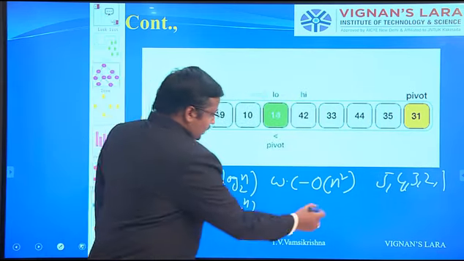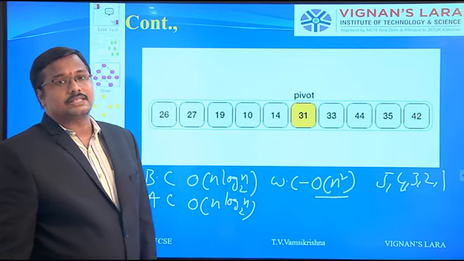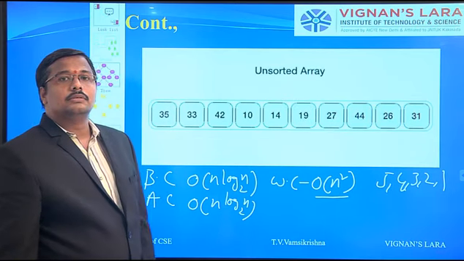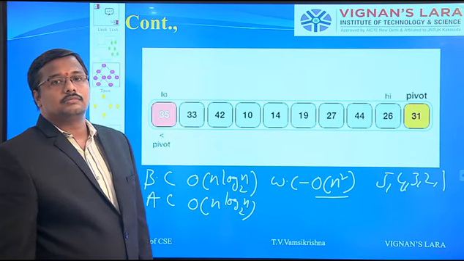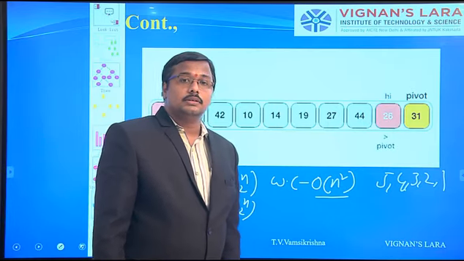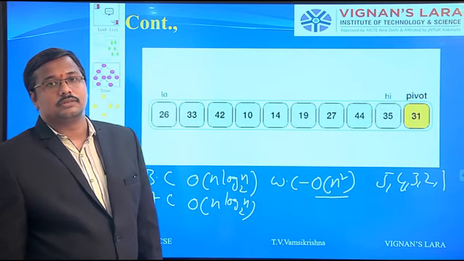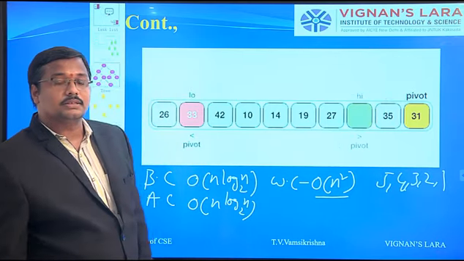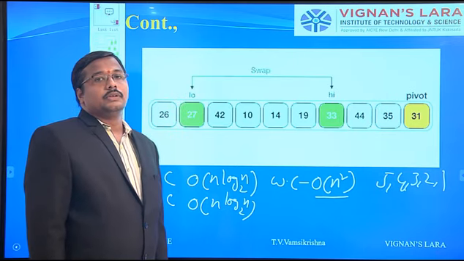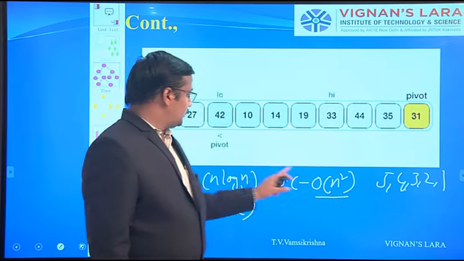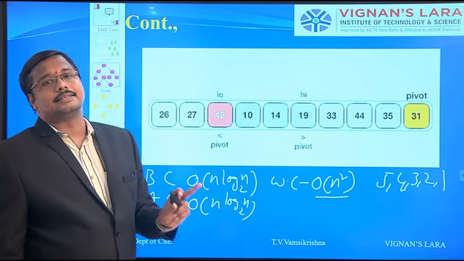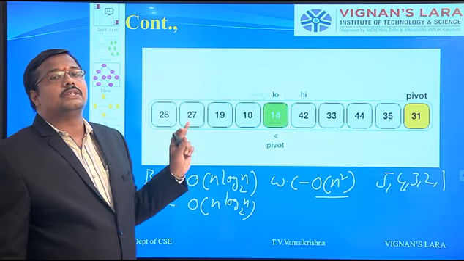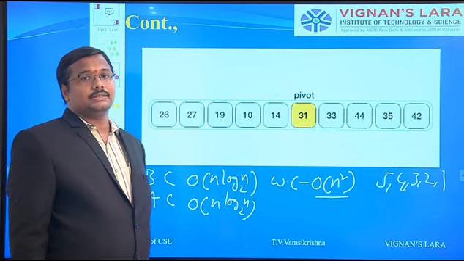That's why quicksort exhibits worst case behavior when the elements are in descending order, exactly reverse order. So the worst case time complexity is big O of n square, and the best case and average case are big O of n log n base 2. Comparatively n log n is less than n square, so quicksort is an efficient, effective sorting technique.